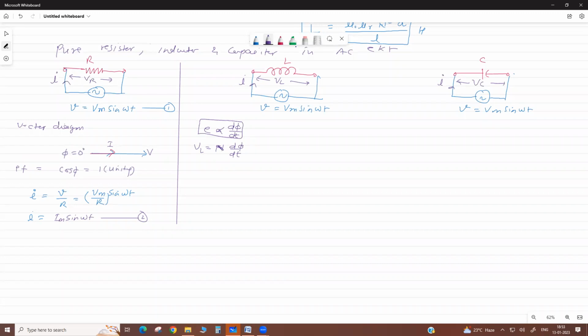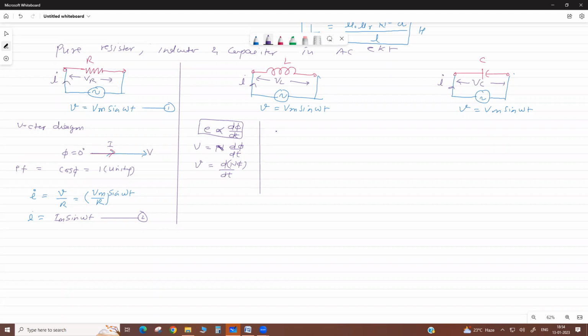Then the induced voltage we can write this way. N is a constant, so we can write it like this. N phi is the total flux linkage.